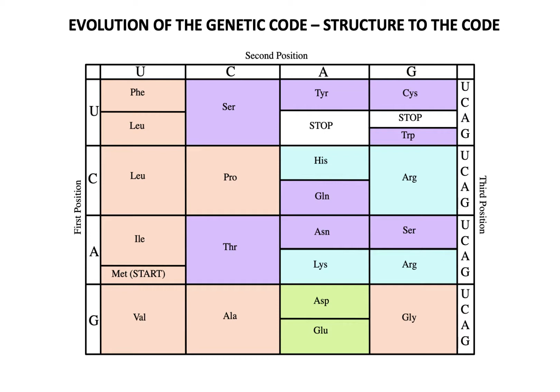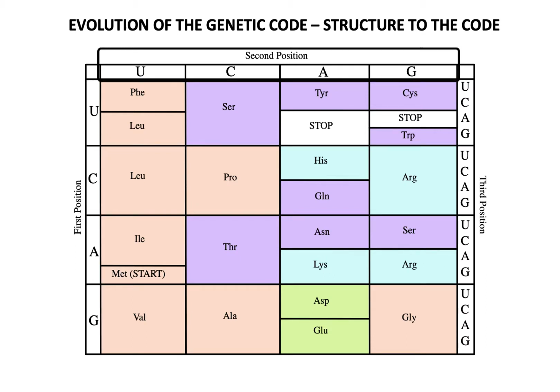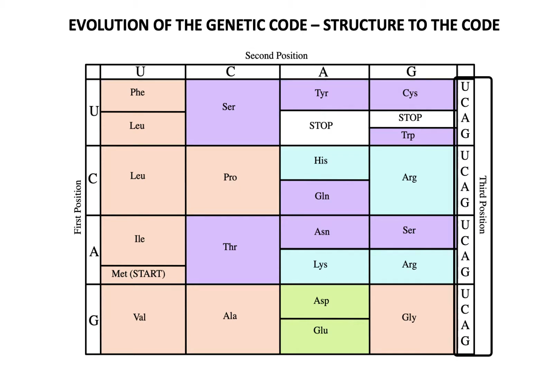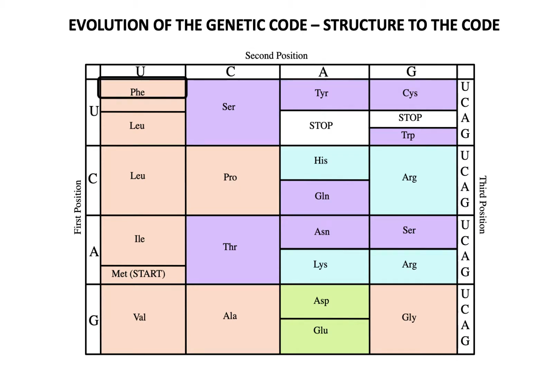And if you just look at the genetic code, this is a table of the genetic codes, starting with the first position of the codon, second position of the codon, and then third position of the codon. So phenylalanine up here would be encoded by UUU, which on the anticodon of the tRNA would be AAA or something similar to that. But you can already see the structure here of these orange colored boxes for those amino acids.